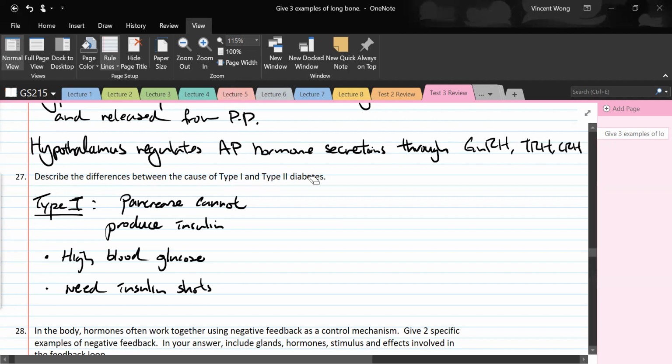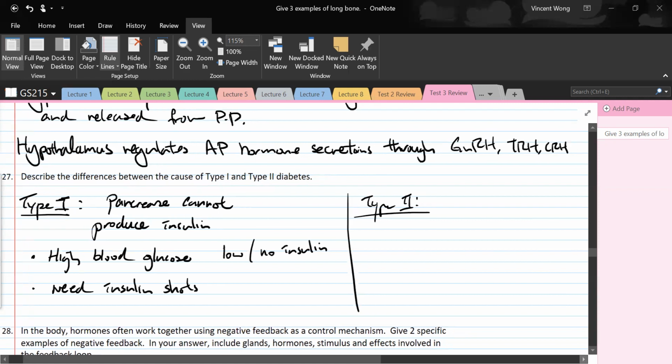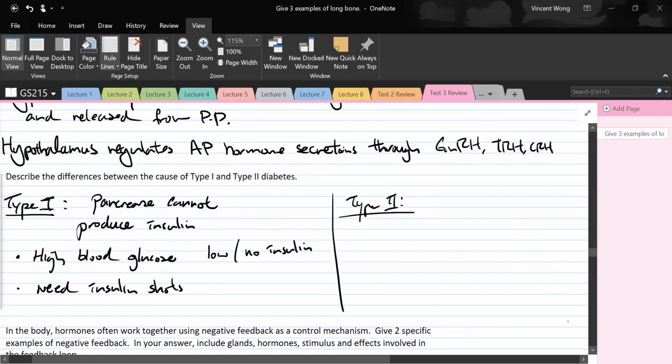Okay, type 2. So type 1 is like low or no insulin, right? On the other hand, type 2 is something that you get later on in life. I mean, it's not something that you're born with.